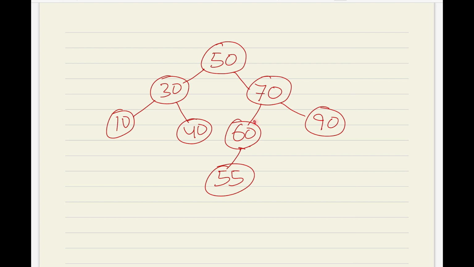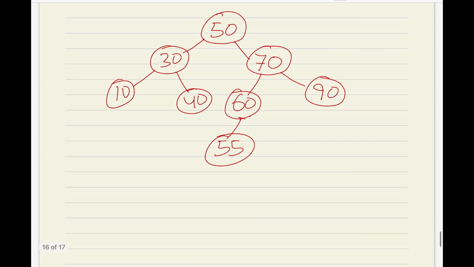If we want to remove 60 from this, then make the parent of 55 to be 70. In this scenario the parent of 55 is 60, and we want to remove 60.